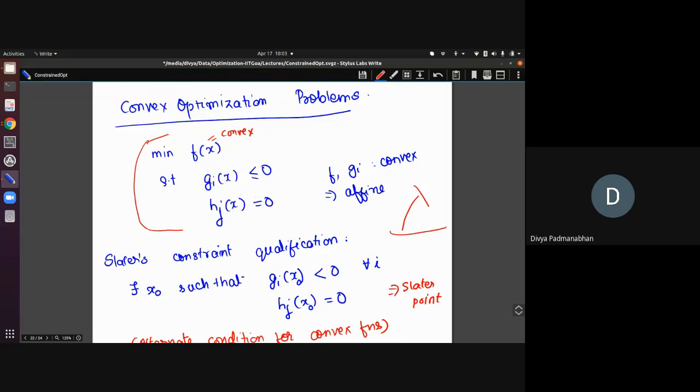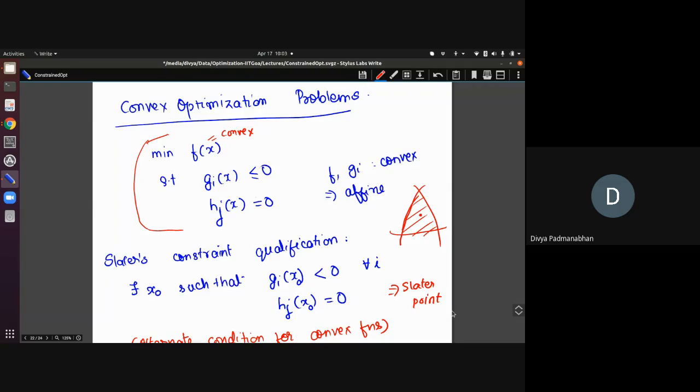So something like this. There are 3 constraints here, and this is the inner region. So some point here, strictly in the interior as far as all these constraints are concerned. That's called an interior point. If you have such a point, truly in the interior as far as all the inequalities are concerned, and of course, in terms of equalities, there's no other go. You have to satisfy the equalities. Such a point is called a Slater point.